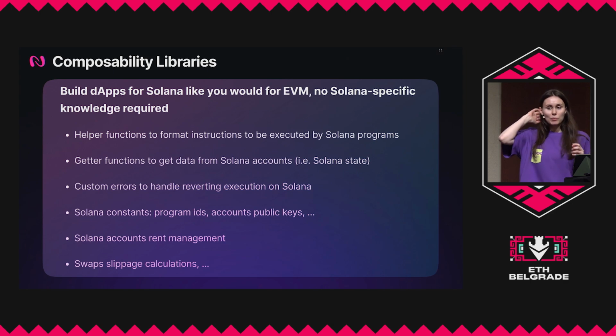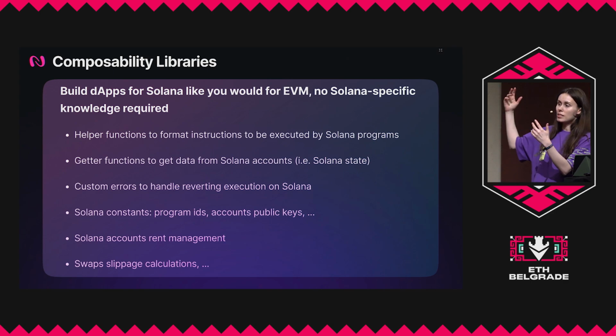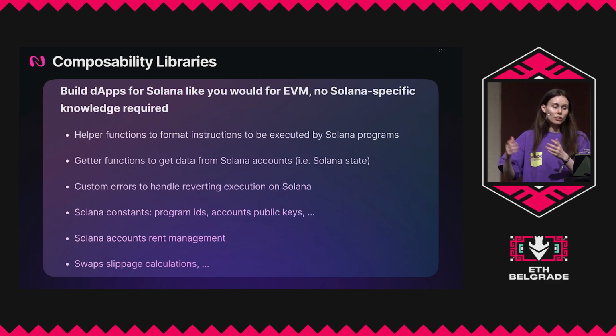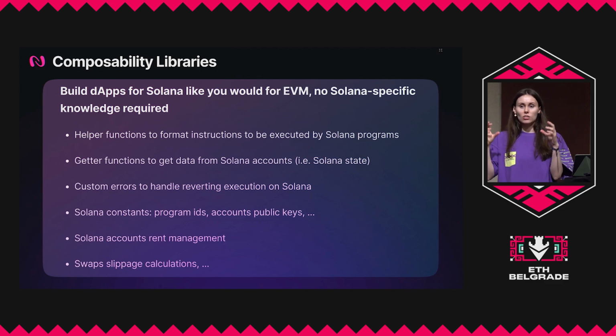And as for composability libraries, these are the things that composability libraries contain, and they are all built in the same way. They are going to have a file with the helper functions that are going to format the instructions in a specific way that Solana expects them.